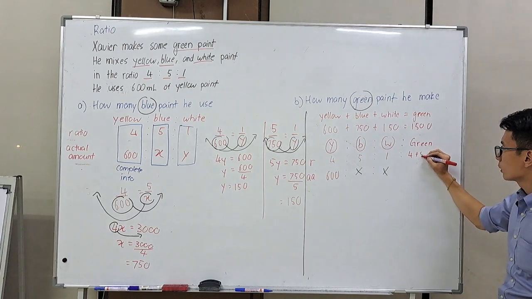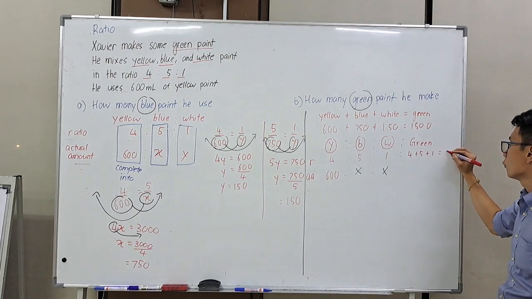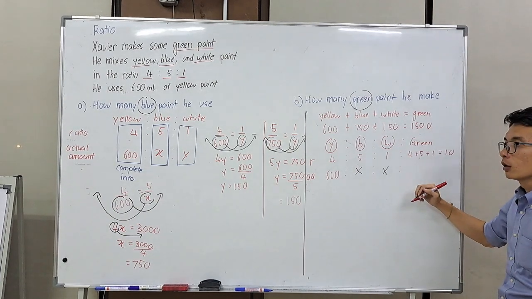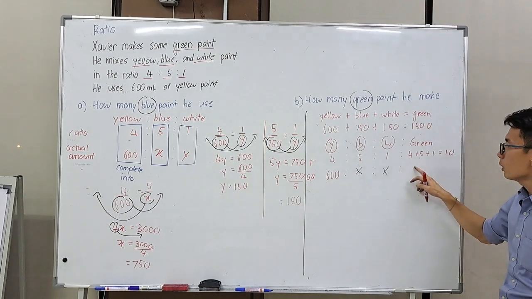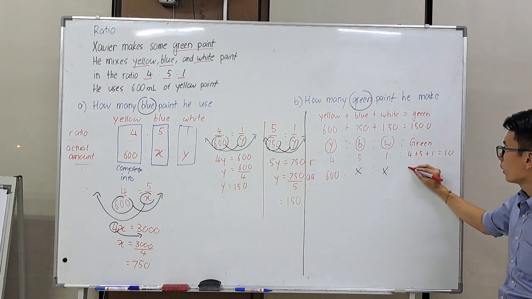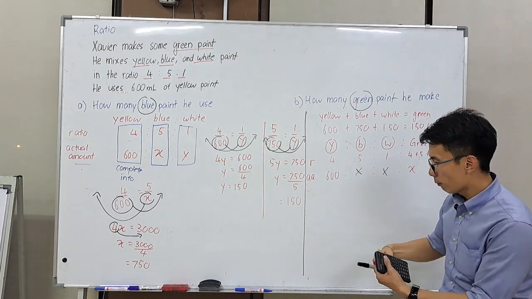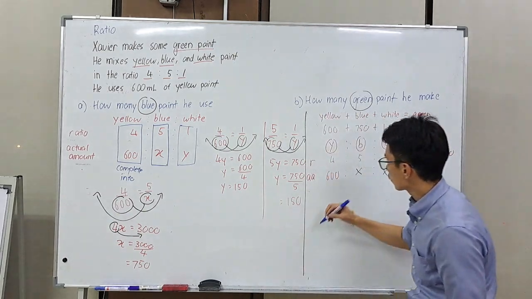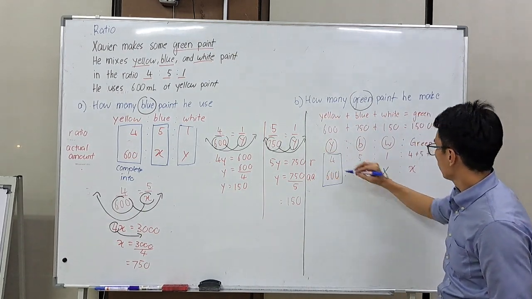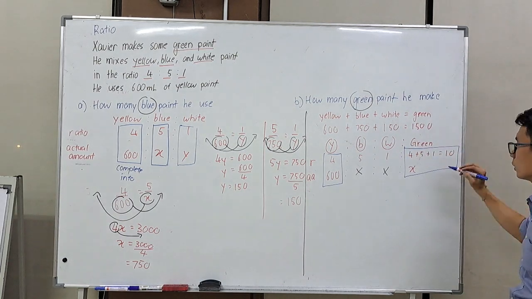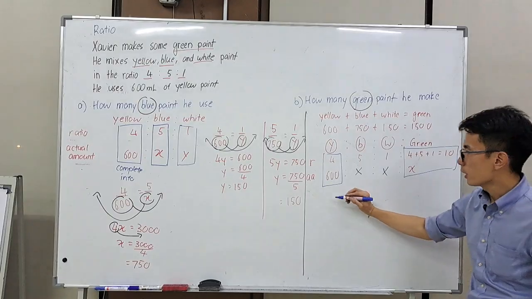So 4 plus 5 plus 1, that will give me 10. Okay? And over here, that will be my unknown. I put x over here. So I have my complete information now, and I have this information to play with over here. Okay, so I can form my equation.